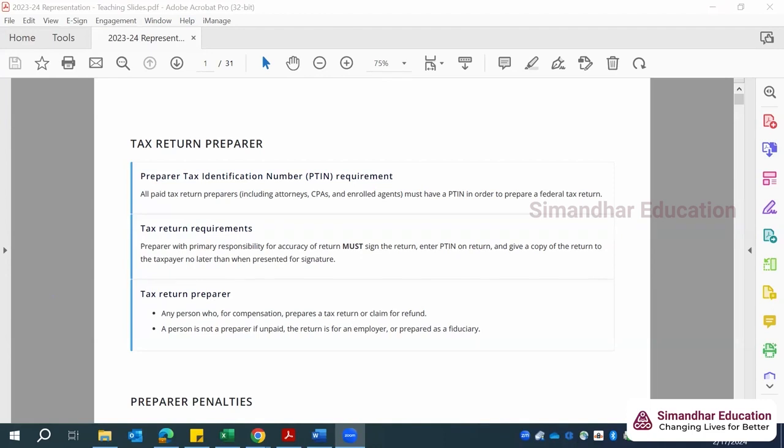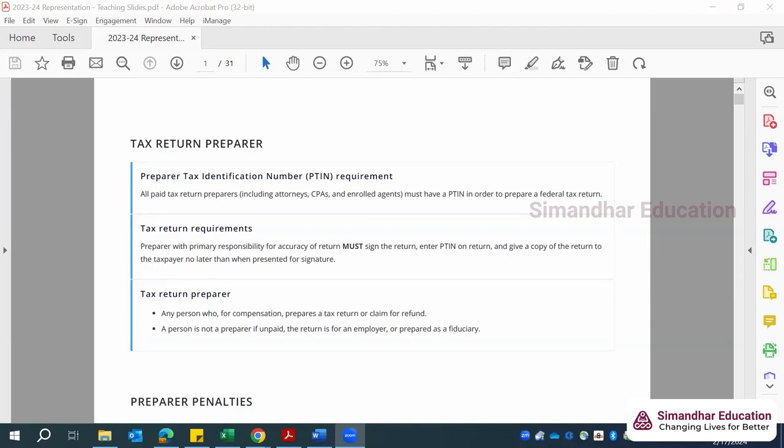Then there will be a manager who is going to do a substantial review of the work paper, just to make sure that anything that was substantial on the account is being taken care of. And there would be a senior manager or a partner who is going to have an overlook of the return, look at the main big-ticket items, and then sign the tax return.